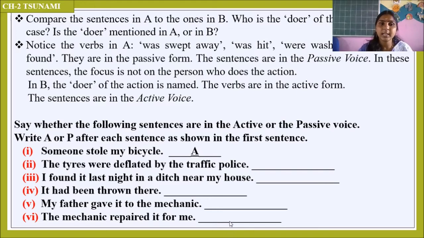So, that's all children. These are the exercises in the Tsunami lesson. I think in the second chapter the exercises are very few, right? So, this is the end of the session. With this, we have completed chapter 2, the Tsunami, along with the poem and geography lesson. Now, it's our turn to read, write, practice. So, three P's.